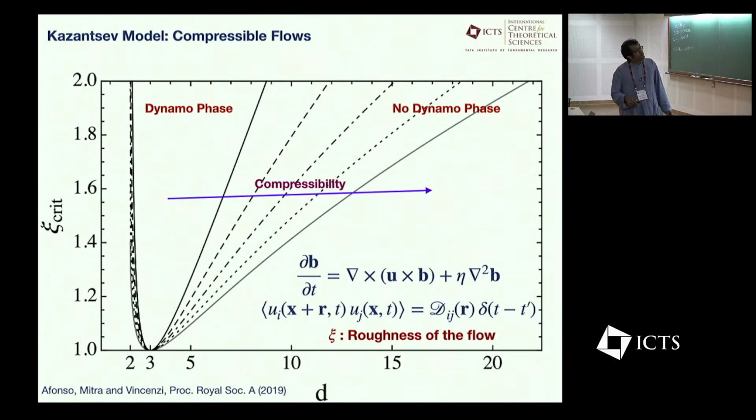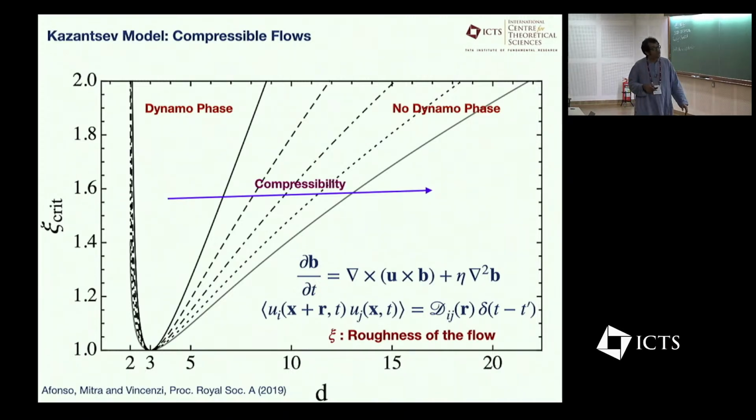A more recent work, by Marco Rubinov and Dario Vincenzi, extended the Haynes and Schekochihin work, and they included effects of compressibility. This is quite surprising if any of you are interested in this problem, because you'd normally expect that compressibility, with its negative Lyapunov exponents, etc., would not self-sustain a magnetic field.